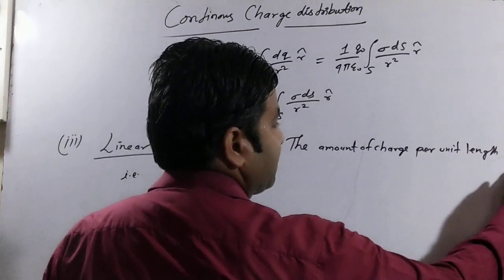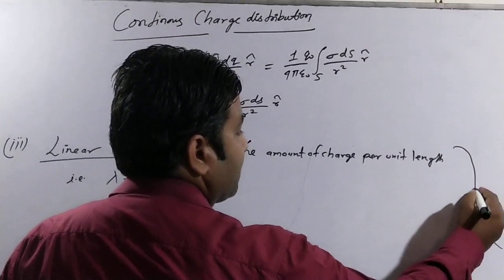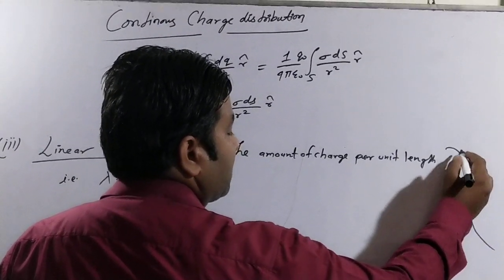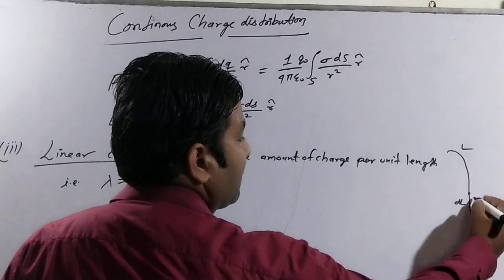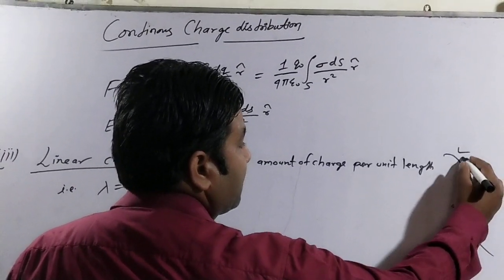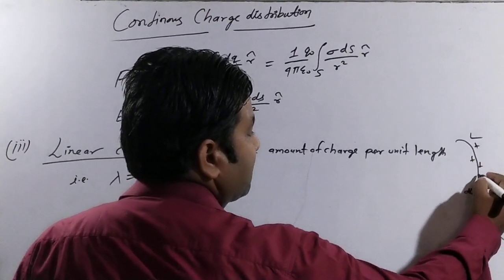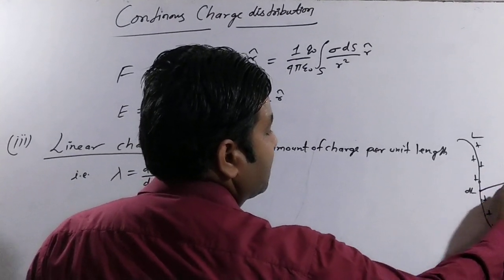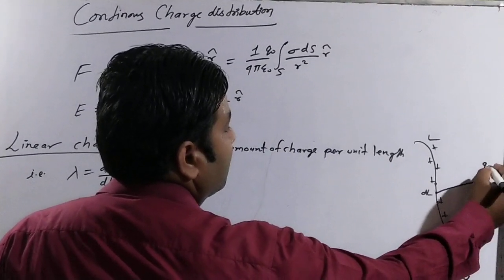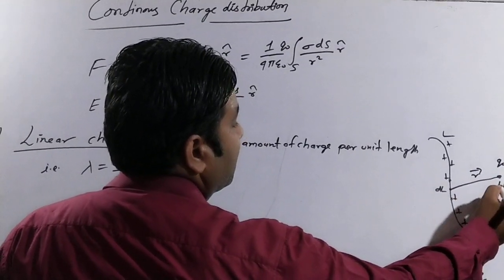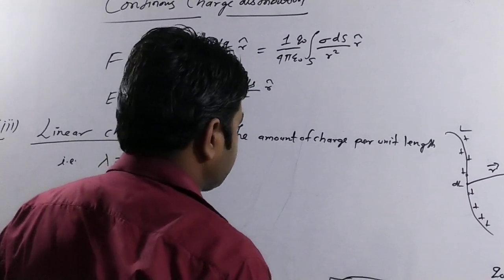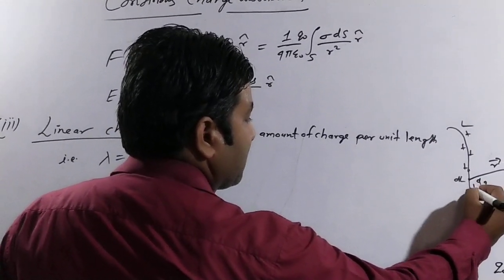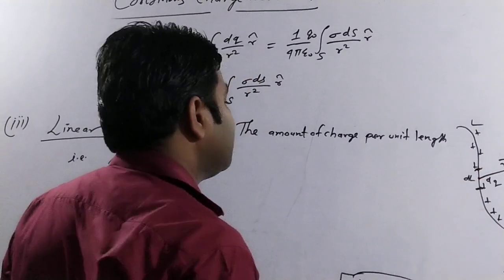Suppose a length is given, and a small amount of length, that is dl, is taken out of the total length L. Charge is given on this length, and due to this the force acts on a test charge lying at point P. The small charge dq is linked with the length dl.